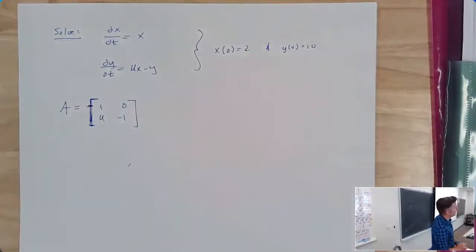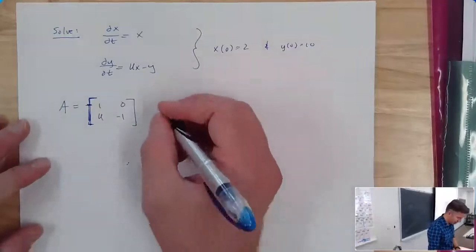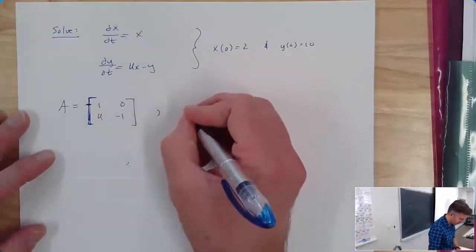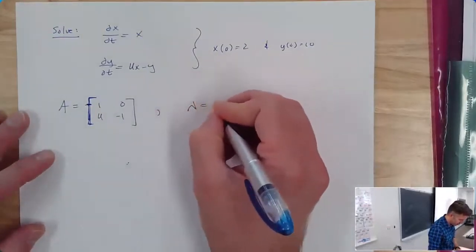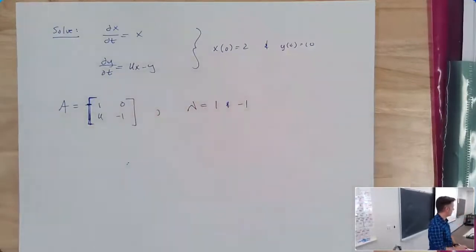And this is the best situation you can hope for. If you happen to have a 0 in the upper right corner or the lower left corner, we're all very happy about that because we can automatically say, oh, great, our eigenvalues are lambda equal to 1 and negative 1. Whatever is in the diagonal.